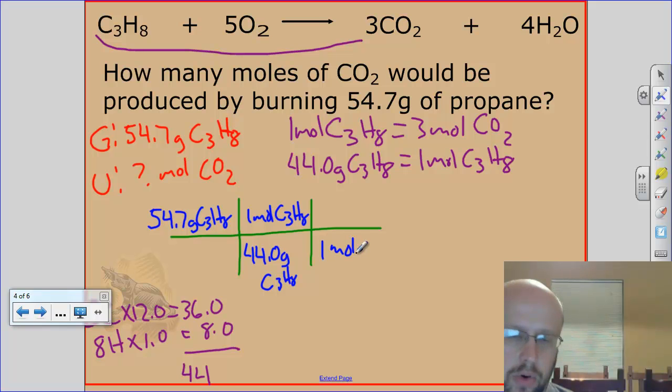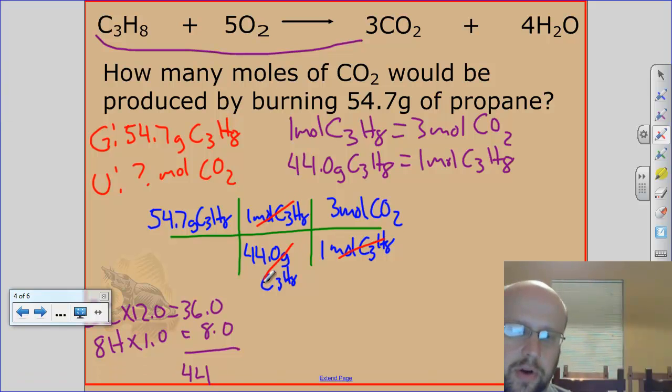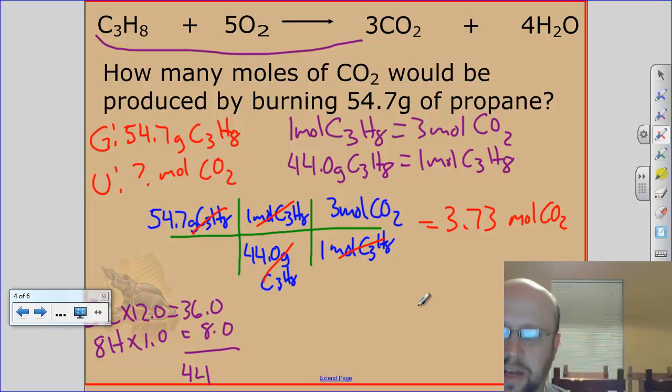So 1 mole of propane, 3 moles of CO2. Cancel out the stuff that cancels: moles of propane, grams of propane. I'm going to be left with moles of CO2. That's good. That's what the problem asked for. We punch all that into our calculator, and I'm going to get 3.73 moles of CO2.